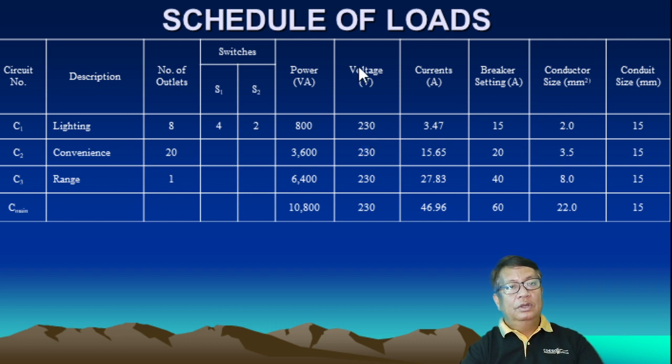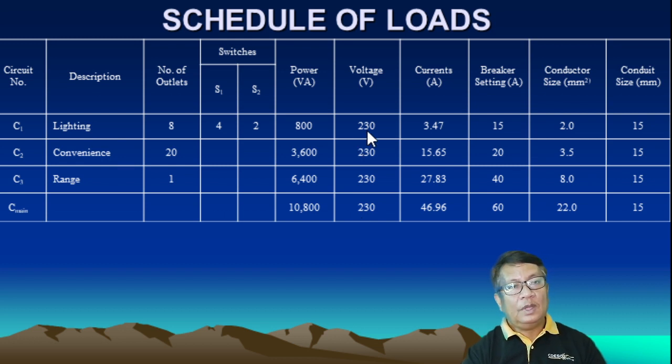Okay, so the next column here is our voltage. Try to use the nominal terminal voltage of 230 volts. This is single phase. So we have the 230 volt potential here.